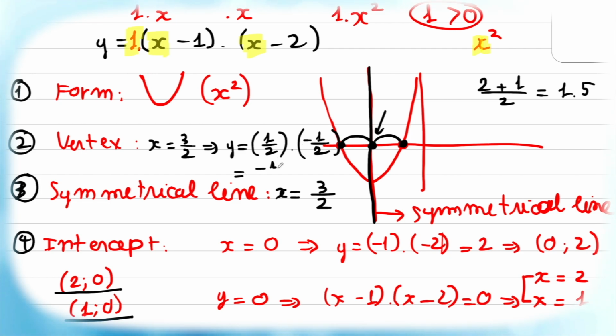So the value will be minus 1 over 4. Y equals minus 1 over 4, x equals 3 over 2. This means the vertex of this one will be x equal to 3 over 2, and y will be minus 1 over 4.